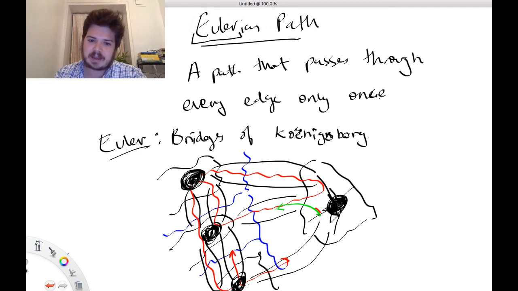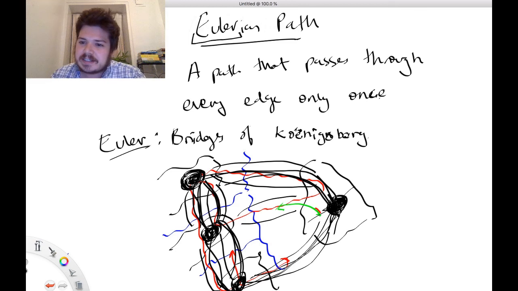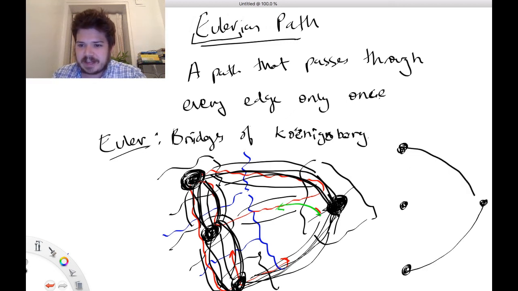The lands became vertices, the bridges were edges, and this developed the graph. This is kind of the first graph in existence. So just to draw this a bit nicer, this is a nice thing about graphs, that they really simplify the drawing.